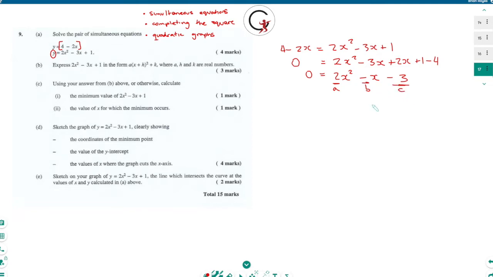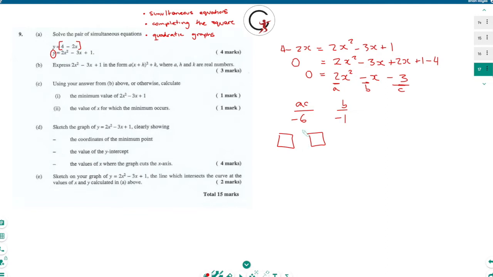So the AC method says, let's find two numbers that multiply together to give 2 times minus 3, that's minus 6, and these two numbers also have to add to minus 1. Can you think of any two numbers that multiply to give you minus 6 and add to give you minus 1? Go ahead and see if you can think of such two numbers.